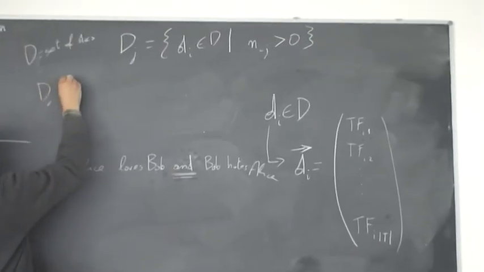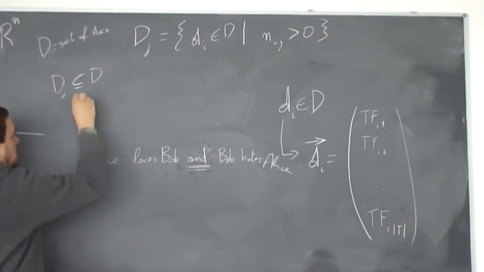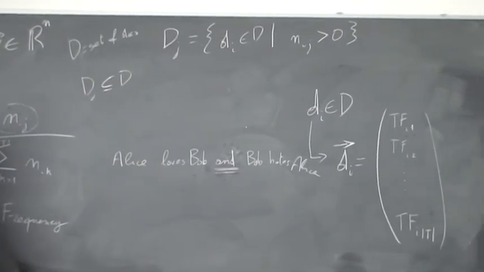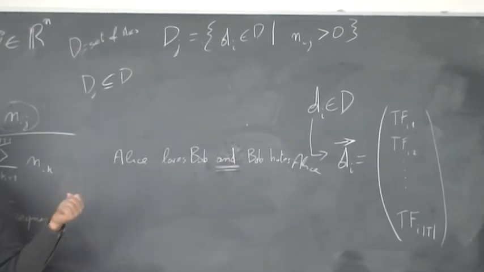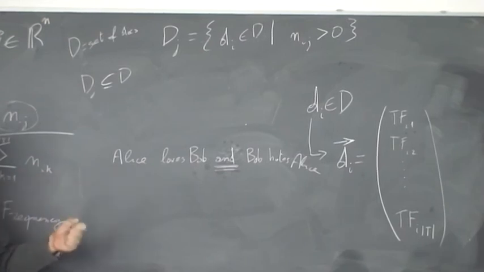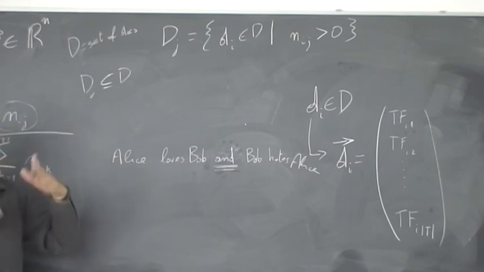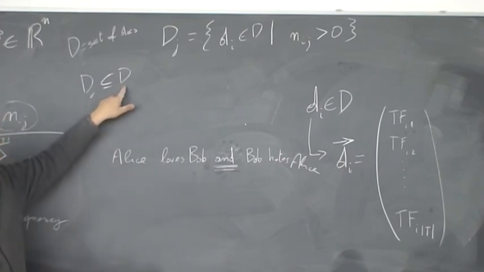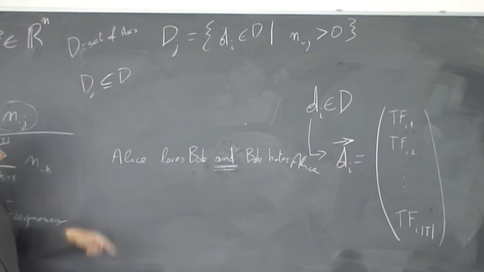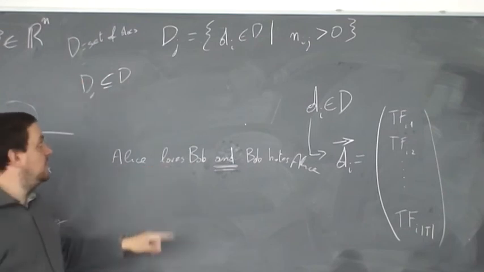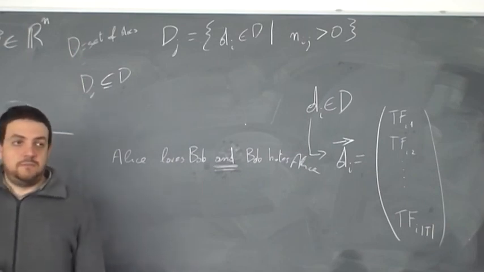So D_j is a subset of D, and it represents the documents that contain term j. Of course, if term j is "and", then D_j will be very large, possibly all of D, because almost all documents will contain "and", while "love" maybe will be a smaller subset.